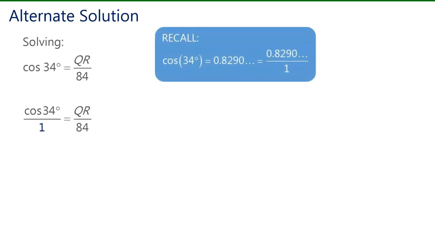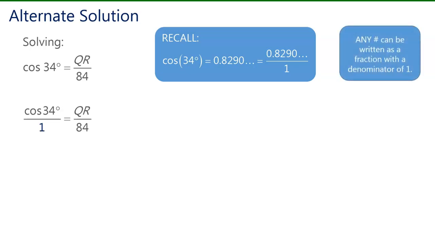Here's an alternate solution. We could solve cosine 34 degrees equals QR over 84, write it as cosine 34 degrees over 1 equals QR over 84. Because we can write cosine 34 degrees as 0.8290 over 1, because any number can be written as a fraction with a denominator of 1.